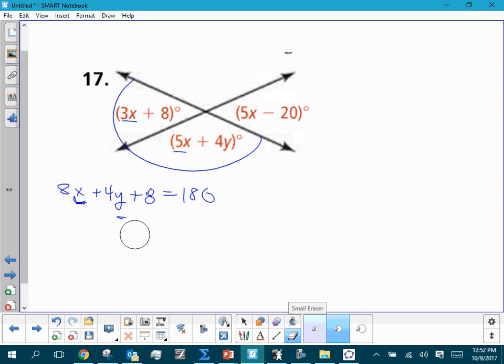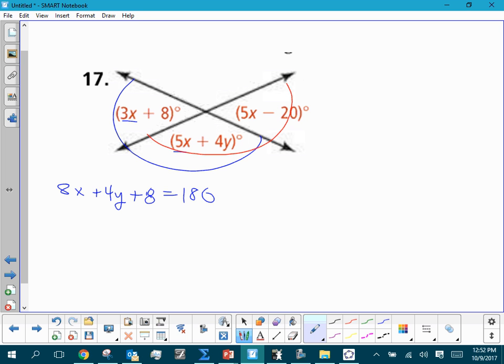So when you have an equation that has two variables, what you need is another equation that has the exact same two variables. So if I go up and look at this problem, is that set of red angles another relationship that I should know to be true about this problem? So could I say 10x plus 4y minus 20 is equal to 180?